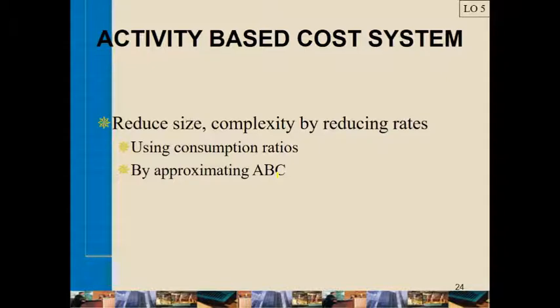So, you can either reduce the size of the rates by either first, one method is to group all activities with the same consumption ratios into one cost pool. So, same siya o consumption ratios.